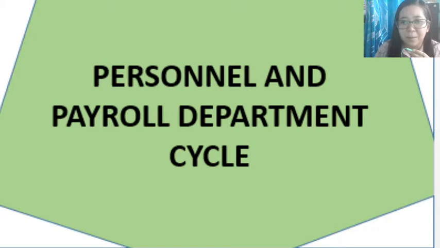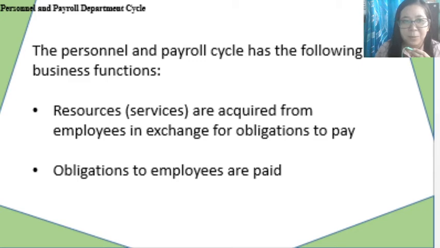To start with, let us discuss the personnel and payroll department cycle. Basically, for the personnel and payroll department cycle, we have the following business functions which are related to it.